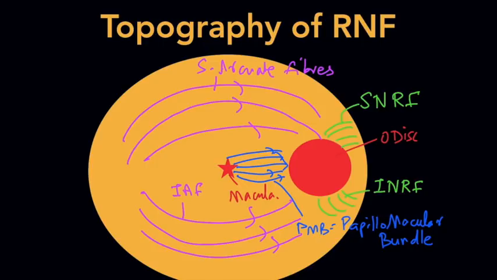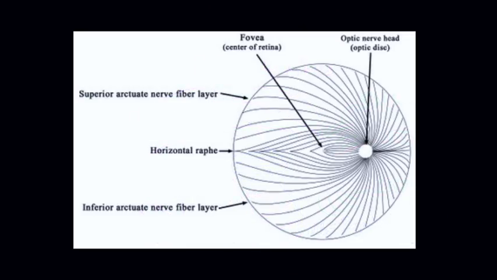The importance of this is, again, as you can see in this picture, this is the optic nerve head, and you can see the superior nasal radial fibers. These are the inferior nasal radial fibers. This one is the superior arcuate fibers.